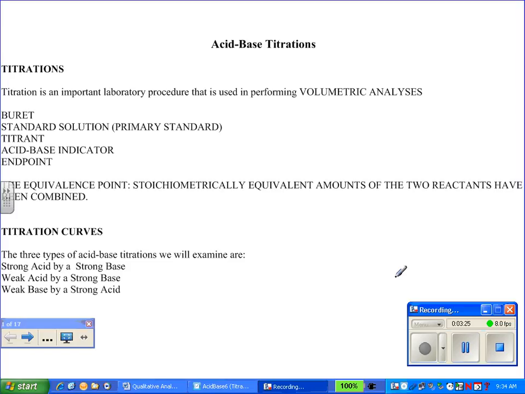We're going to examine three different types of acid-base titrations. We're going to look at the titration of a strong acid by a strong base. We'll look at the titration of a weak acid by a strong base, and we'll look at the titration of a weak base by a strong acid.